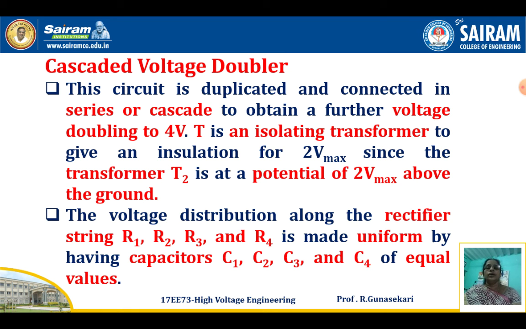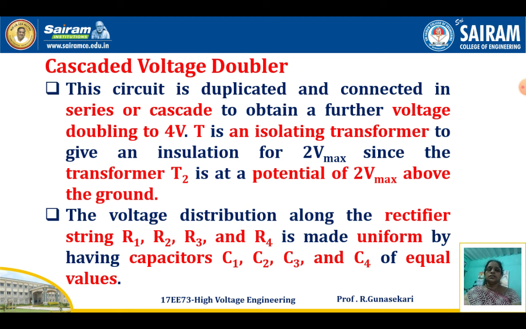In the cascaded voltage doubler circuit, the connection may be series or cascade to obtain further voltage doubling to 4V, that is from 2V to 4V. T is the isolation transformer, which is used to give insulation for 2V maximum, since the high voltage transformer T2 is at a potential of 2V maximum above the ground.